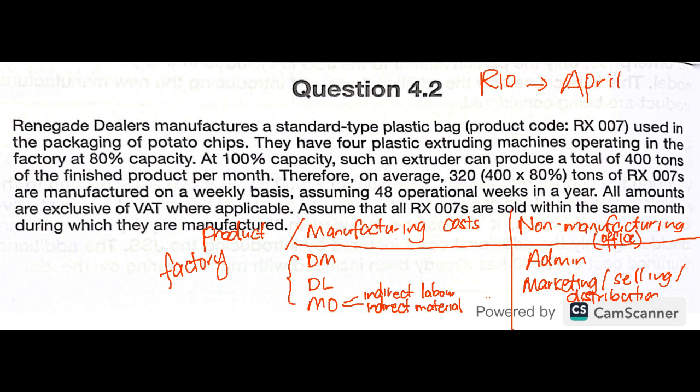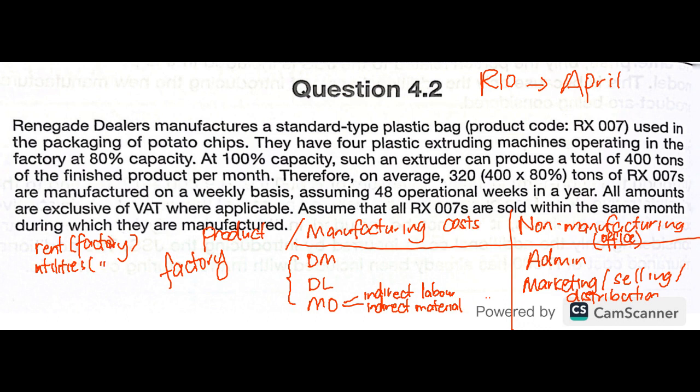So your manufacturing overhead so far, we said, is still incurred within the factory, but it's not direct. So that was your indirect labor, your indirect material. Then you also have items such as rent for the factory, you have maybe water and electricity. I'll just label it utilities. So you have utilities that will also fall into the factory.